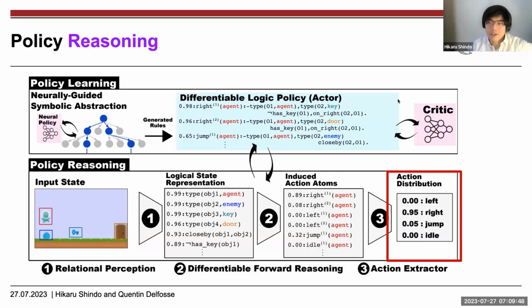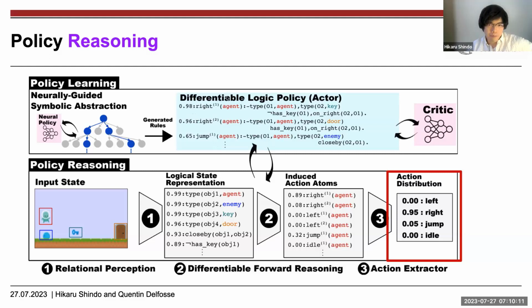The other thing with that is in your rules, there are fuzzy values in the head, not in the body, yet your logical state representation has fuzzy values. So how are those combined?